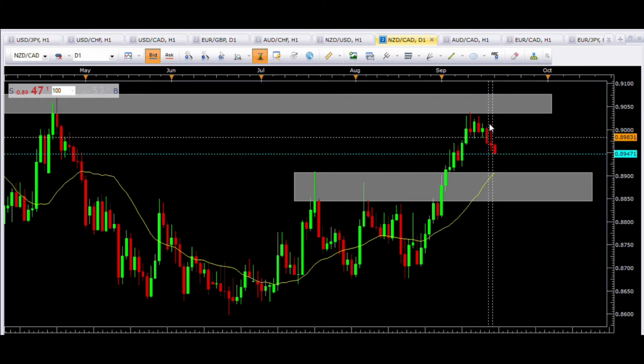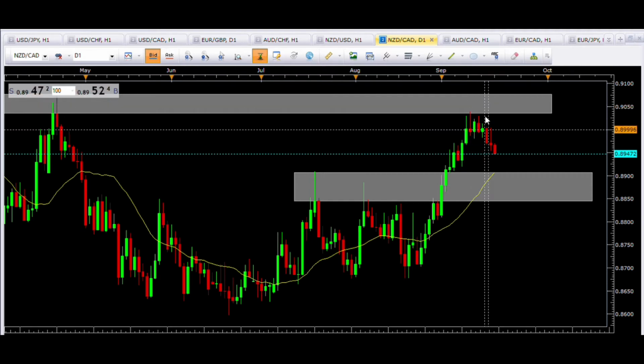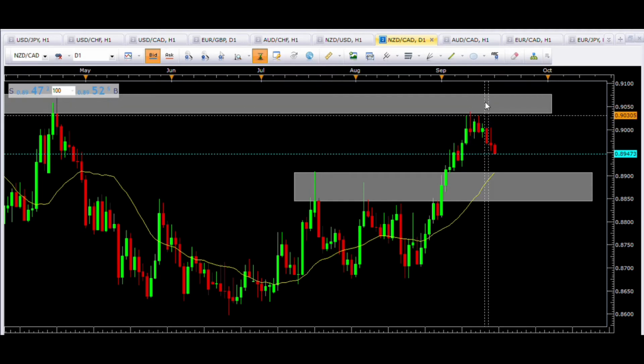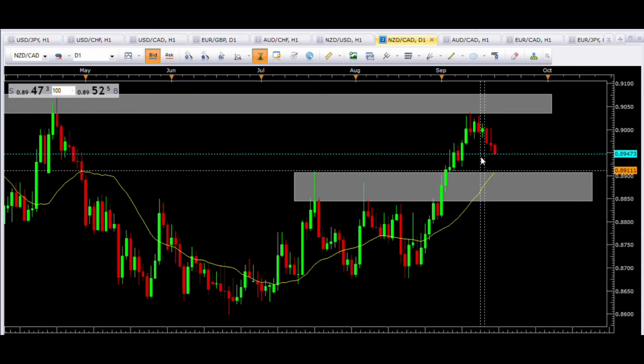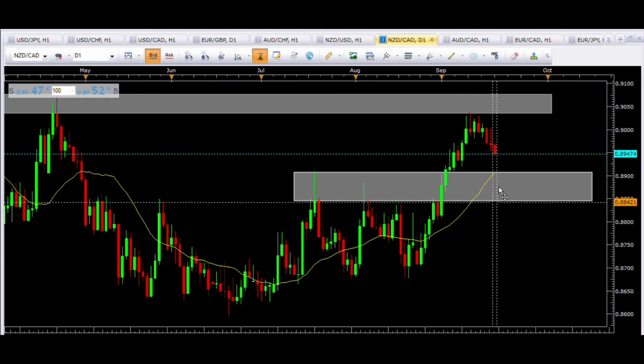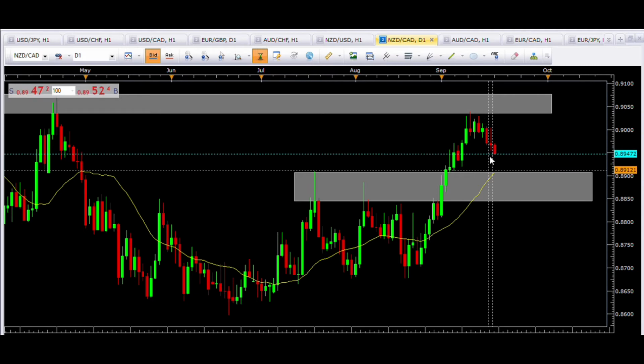So this, like I say, is bouncing off resistance here, this large grey area. I have a large bearish red candle, and the trade has room to move into. This grey area here should be support. So I have enough room for this trade to move into.